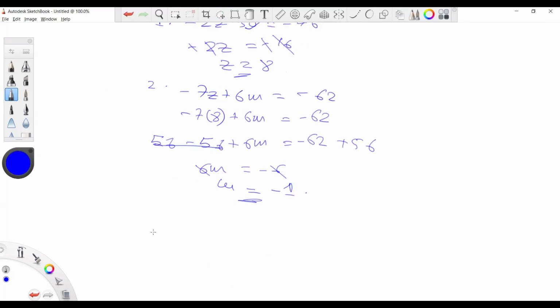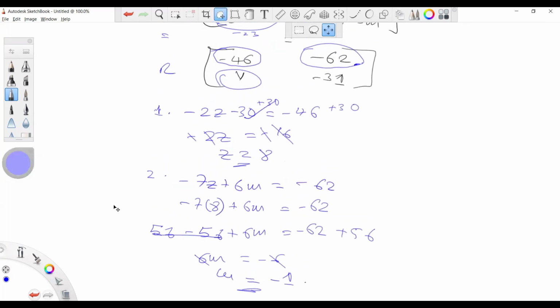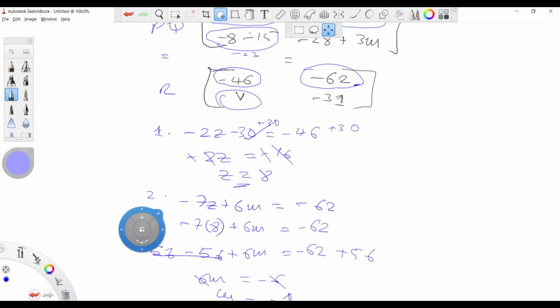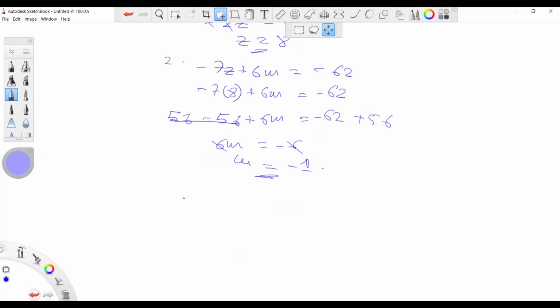It seems like my saving space is costing us a little bit. Let's just write that up here. -8 minus 15 is equal to V. For the reasons I have already explained, -8 minus 15 is -23, equal to V. Therefore, V is equal to -23.